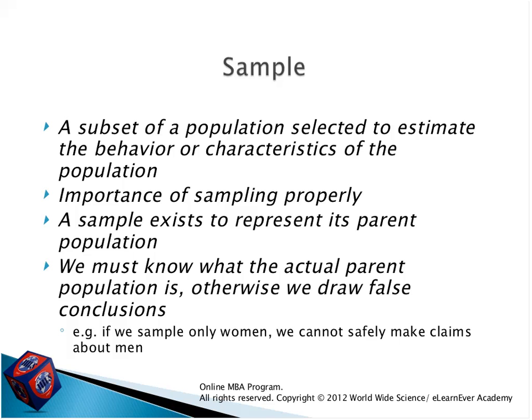Okay. For example, if we sample only women, all right, we cannot safely make claims about men. If our research should include both male and female, then a sample only of females is not correct. Why? Because when we have a conclusion, the conclusion comes from the data collection.